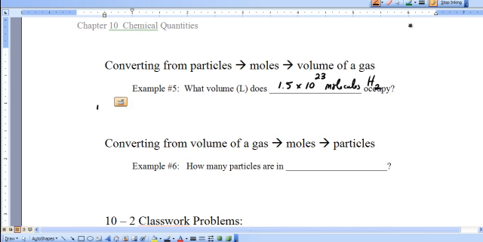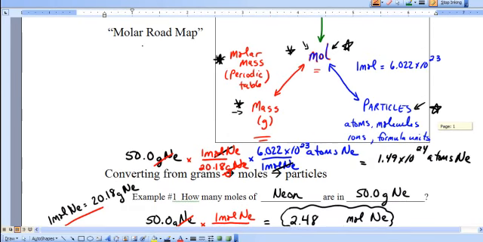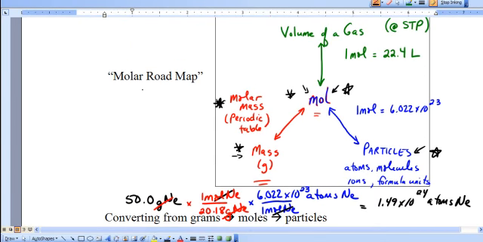In this case, it is 1.5 times 10 to the 23rd molecules of hydrogen. And now to go between molecules and volume, if I scroll back up here, I'm going to have to go from molecules to moles, and then moles to the volume of a gas.